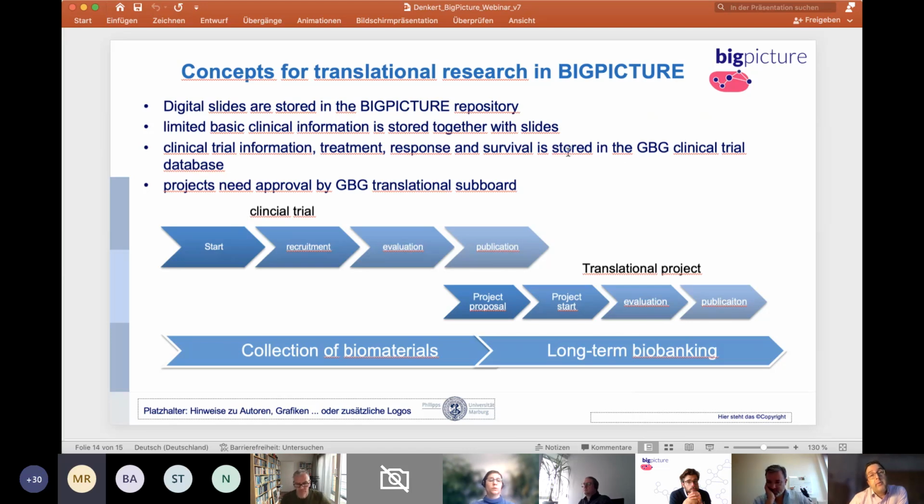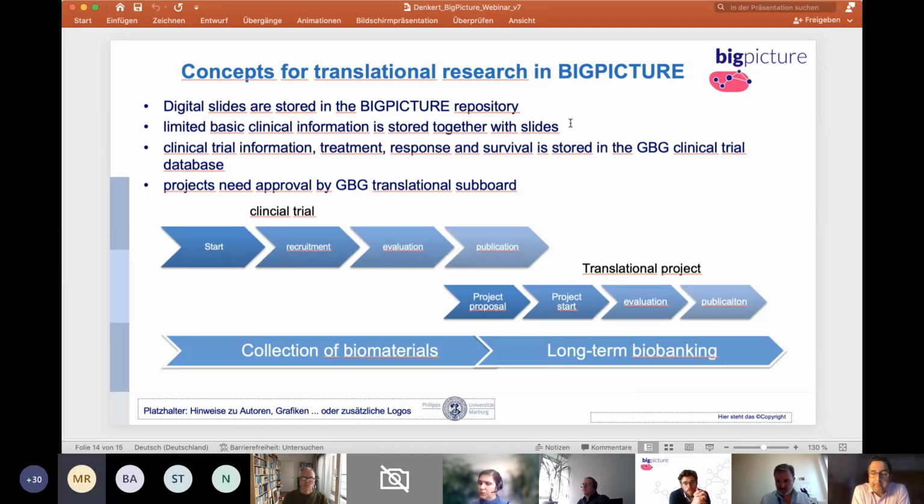So whenever a project that needs this data will be performed, it needs approval by the GBG translational support, but it also makes sure that it's really possible to do completely independent prospective validation, because this response information will be then later added to, for example, the AI algorithm results that have been performed on the slides in the Bigpicture repository.